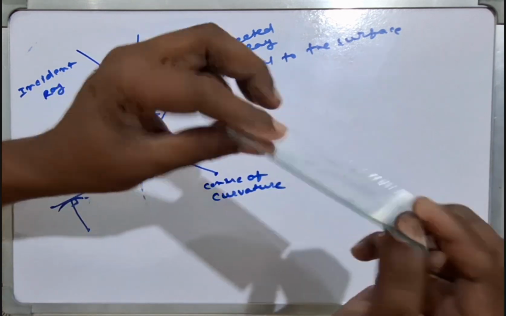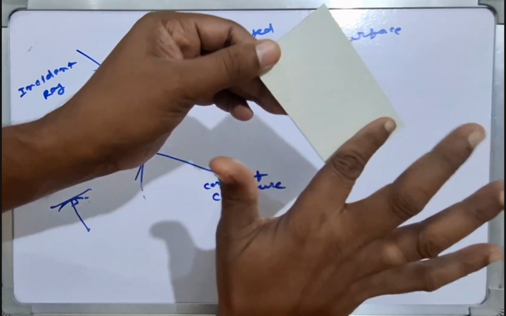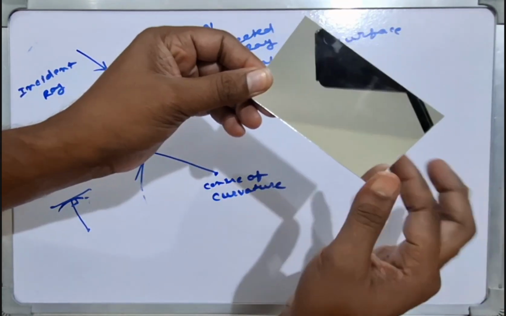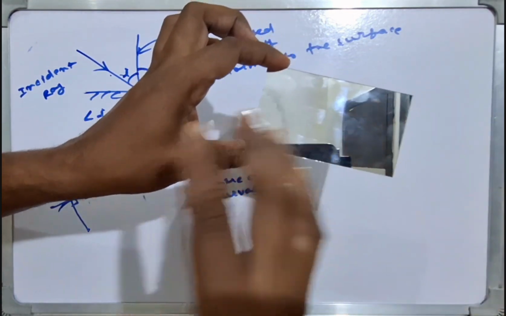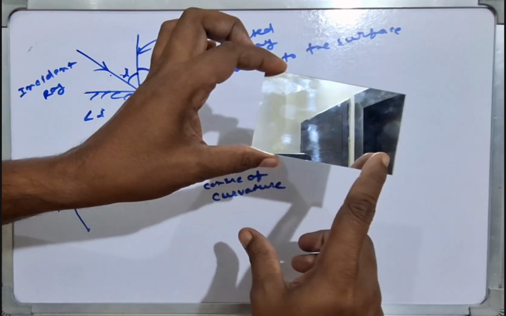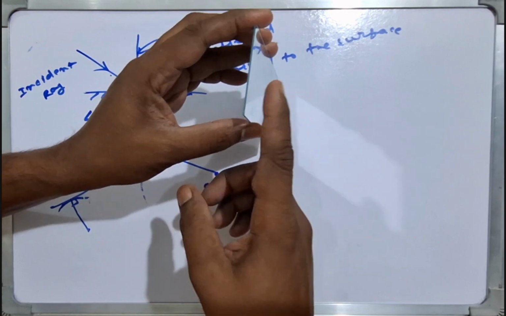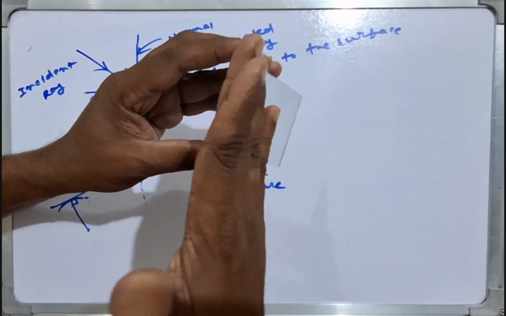Like this, this is a plane mirror. This is the coating part and this is the polished part. Polishing means we are removing the scratches and particles on the surface, and then we smooth it.